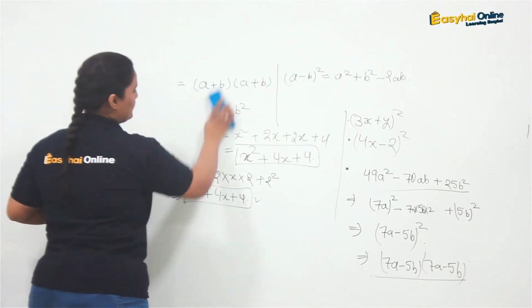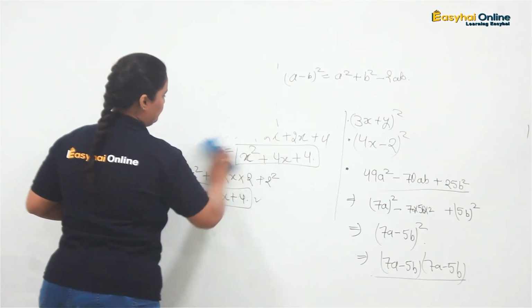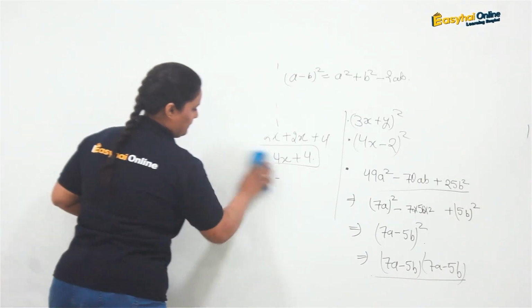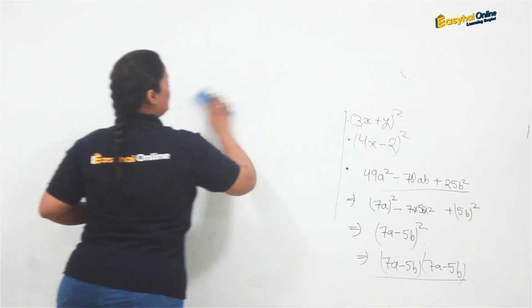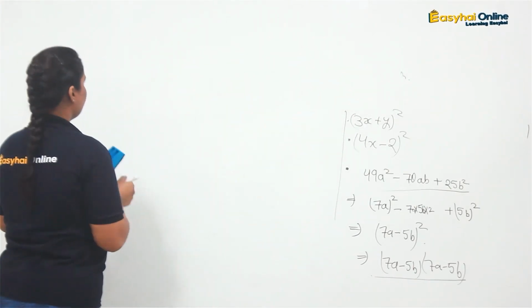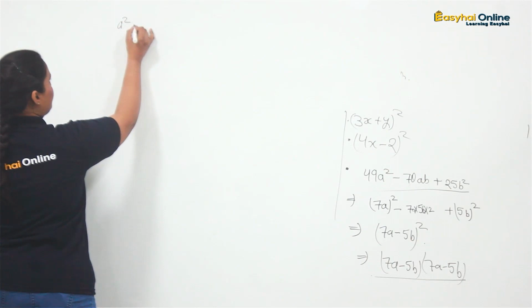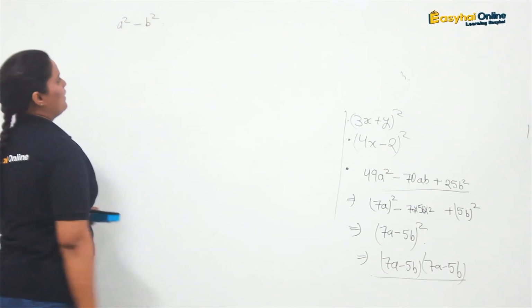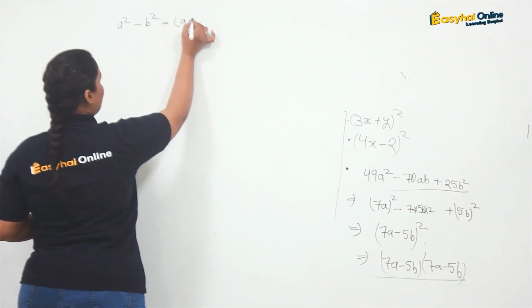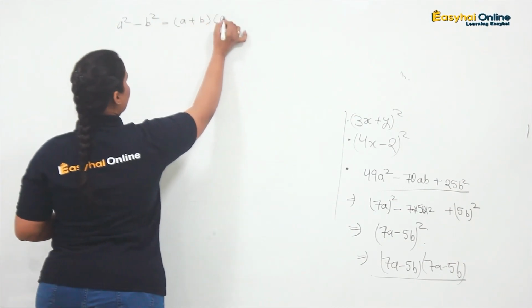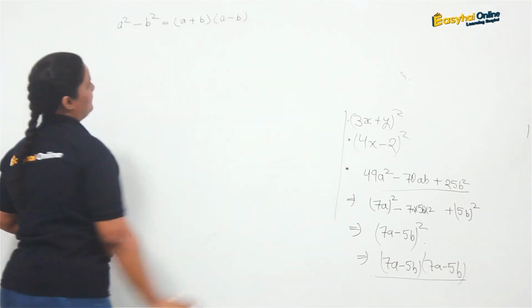So I will take you to the next identity. It is a square minus b square, which equals (a plus b)(a minus b).